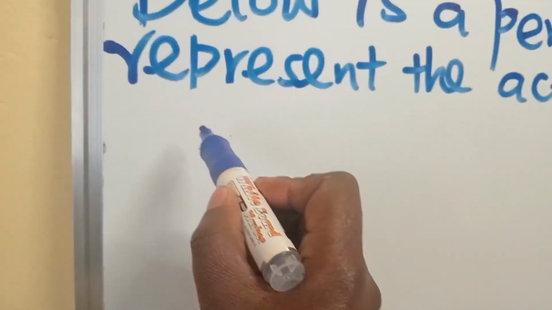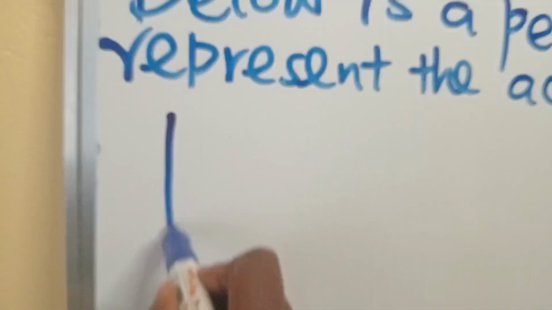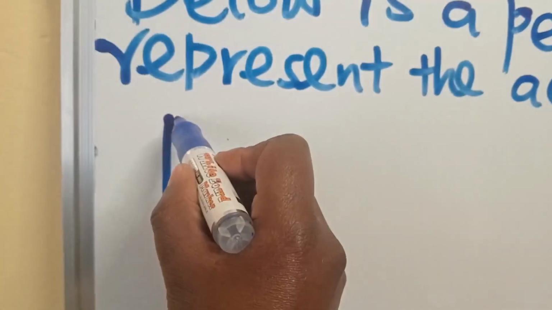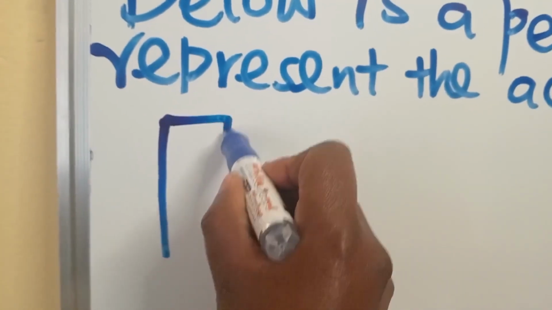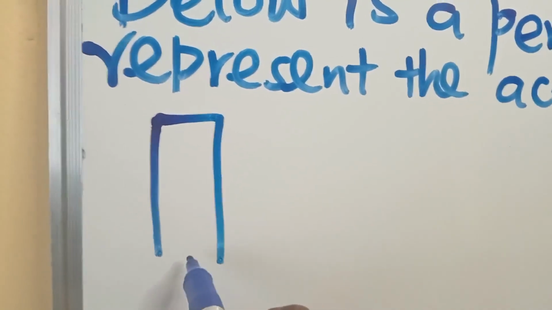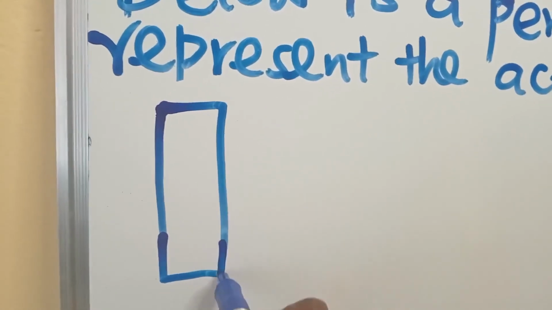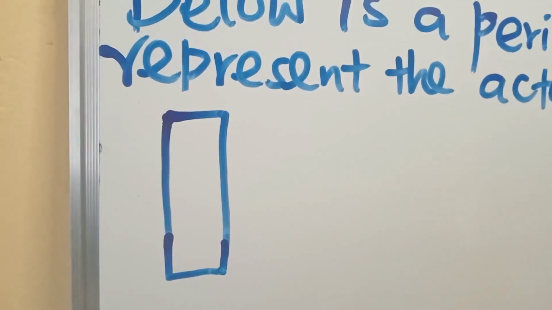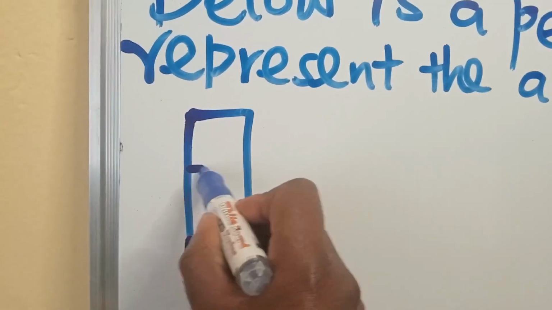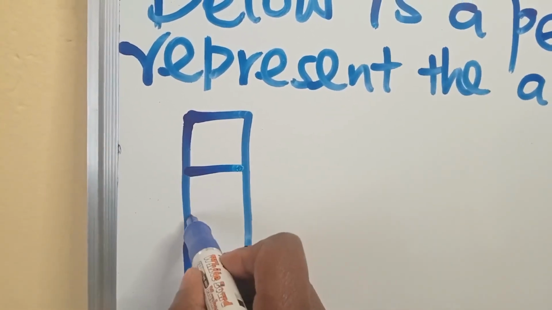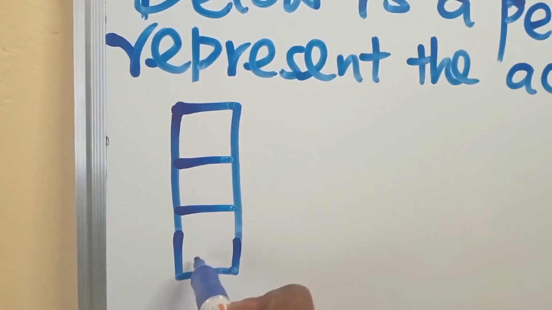1, you draw a vertical line like that. Then you divide it into 4.